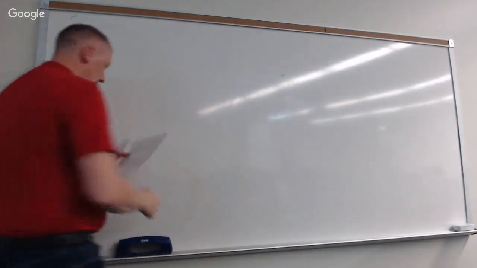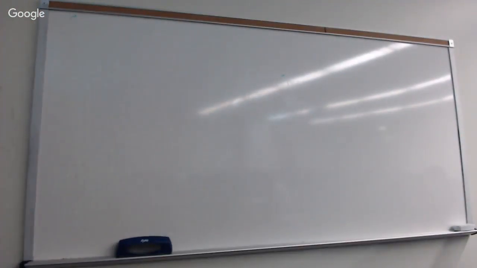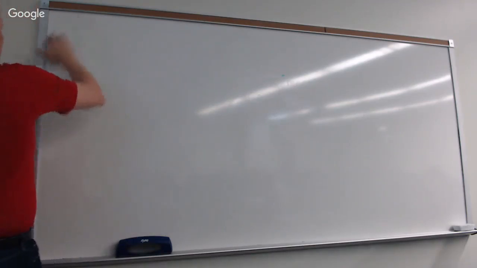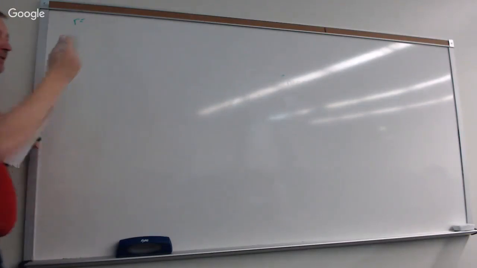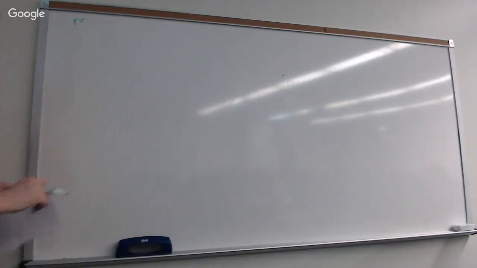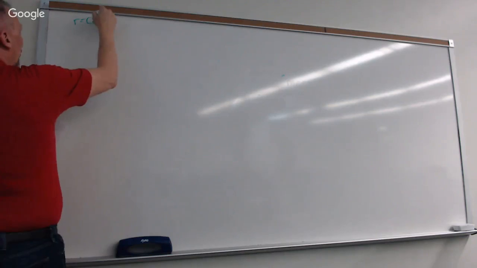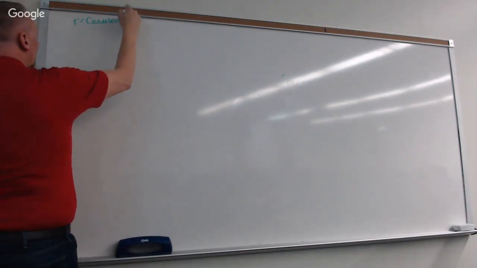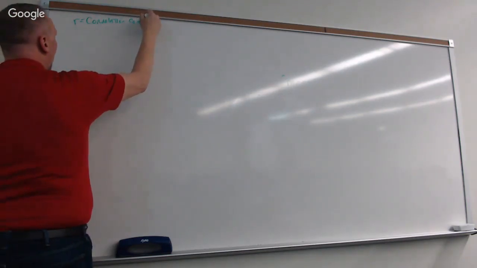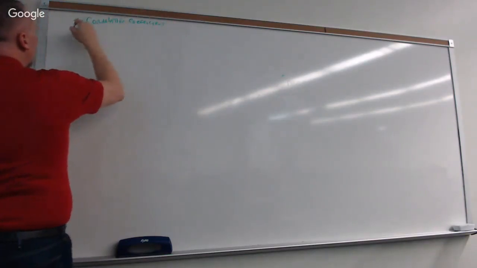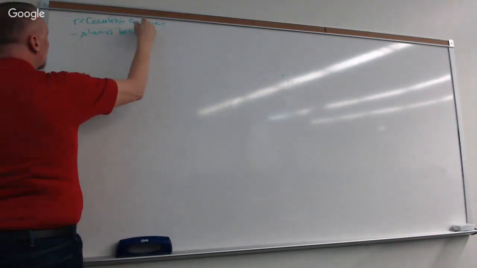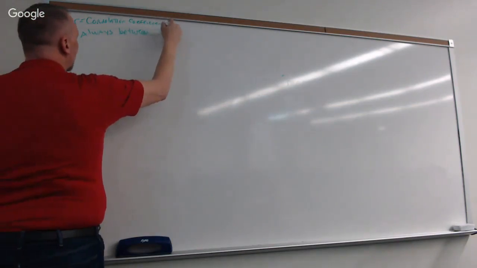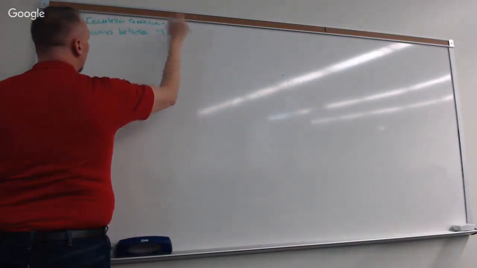Okay, so the letter we use for the correlation coefficient is the letter R. Correlation, I guess. So that's your correlation coefficient. And it's always between -1 and +1.